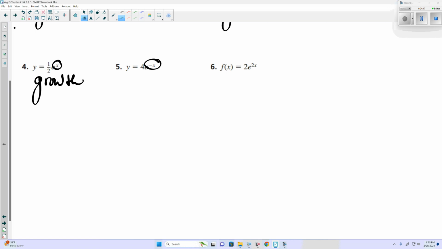For number 5. Negative, so would it be growth or decay? It is decay. Okay, Caden. Because with e, if the exponent's negative, it's decay. If the exponent's positive, it's growth. Number 6. It is growth, because our exponent, 2x, is positive, so it's growth. Be ready for the next one.